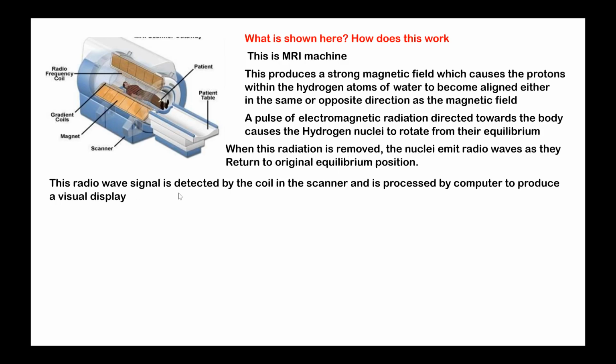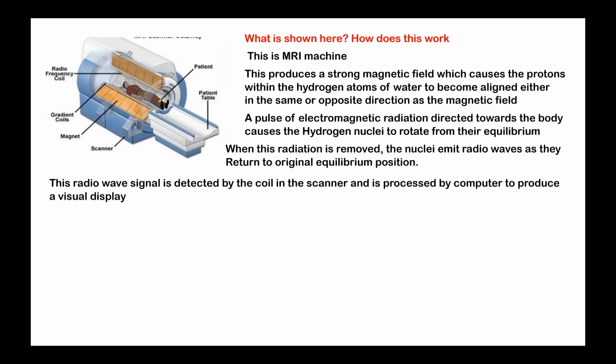And this radio wave signal is detected by a coil in the scanner and processed by a computer to produce a visual display. So these are the four things. First, you make the hydrogen atoms rotate towards the magnetic field or away from it, and then you pass electromagnetic radiation and try to scatter them.